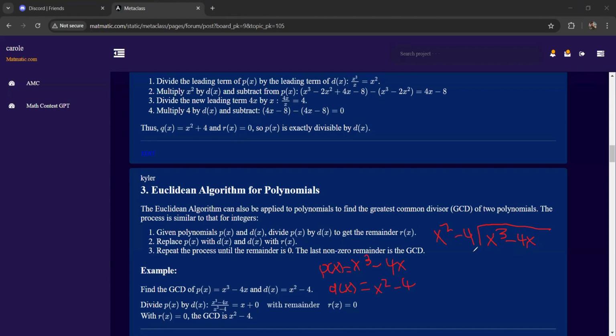Okay, so here, all we have to do is multiply our divisor by x to cancel this out completely. So here we have x cubed minus 4x, which just gives us 0.